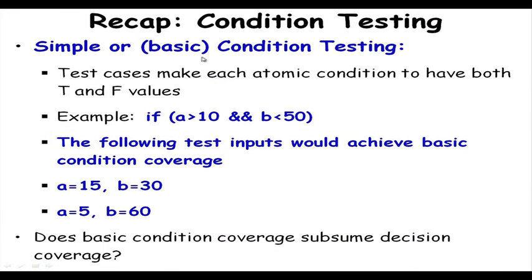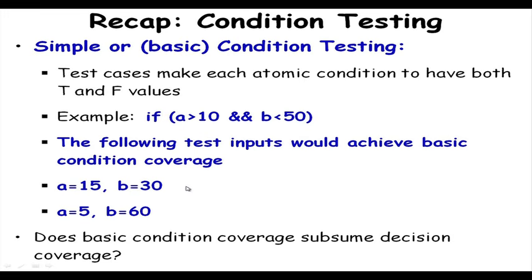In the simple or basic condition testing, we had said that each of the basic conditions or the component conditions must take true and false values. For example, in this statement, there are two basic conditions and each of these needs to take true and false values.